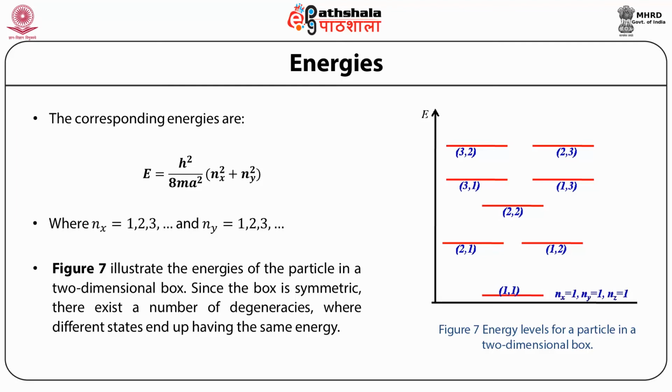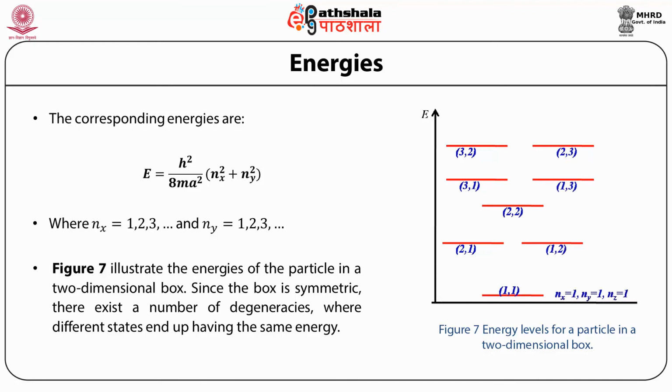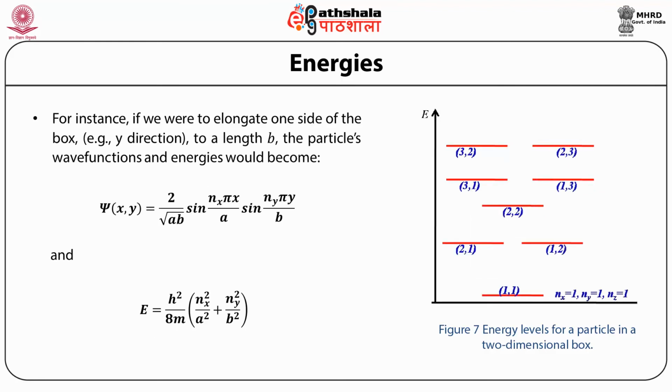As seen from this figure, the state characterized by quantum numbers nx equal to 1, ny equal to 2 possesses the same energy as the state with nx equal to 2, ny equal to 1. Note that these degeneracies can be lifted by making the box asymmetric, giving E equal to h square by 8m multiplied by nx square by a square plus ny square by b square.